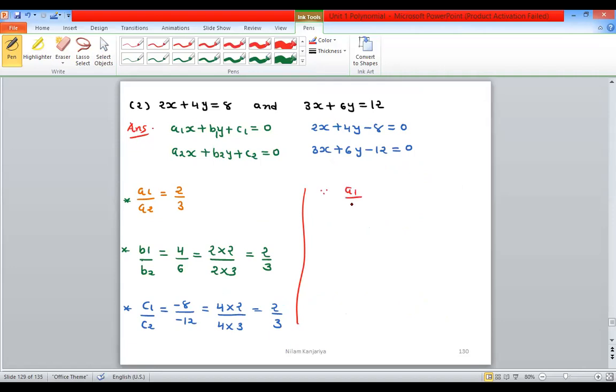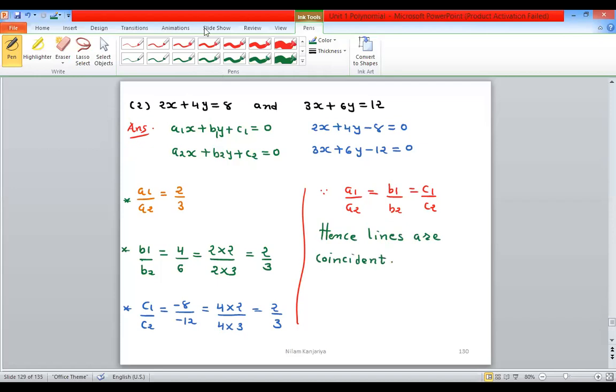This is a1 upon a2, b1 upon b2 and c1 upon c2. So the lines are coincident.